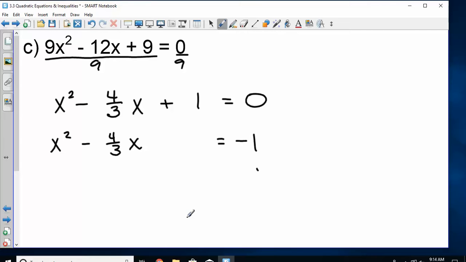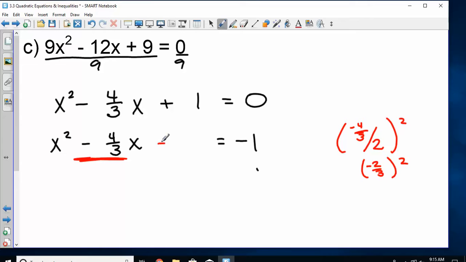Now we have to make our perfect square. To do that, we always take this number divided by 2 and square. What is -4/3 divided by 2? -2 over 3. Okay. So if I square this, -2 squared is +4. 3 squared is 9.